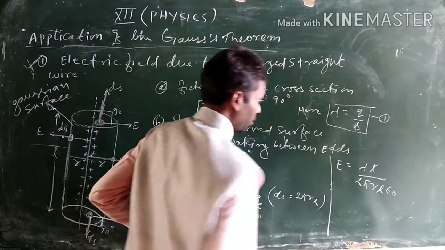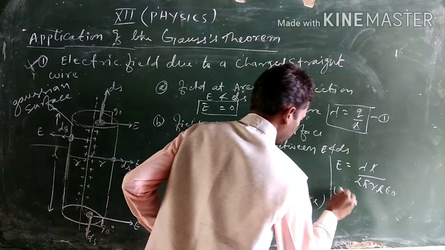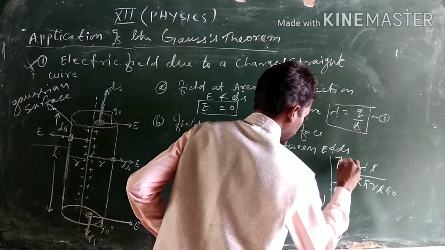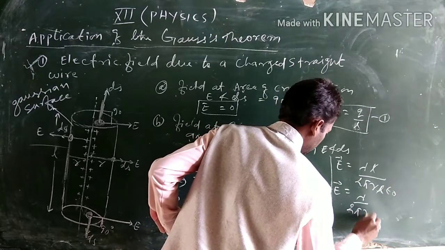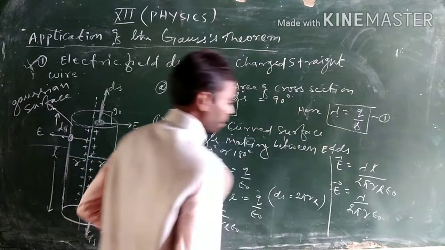Here L is going to cancel out, then our electric field is equal to lambda divided by 2 pi R epsilon naught, right?